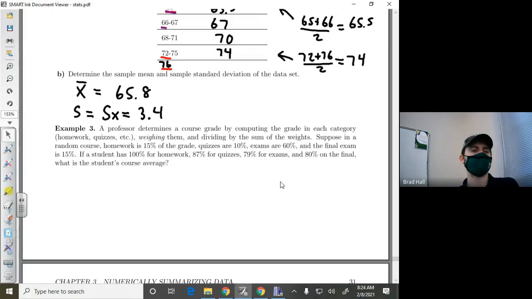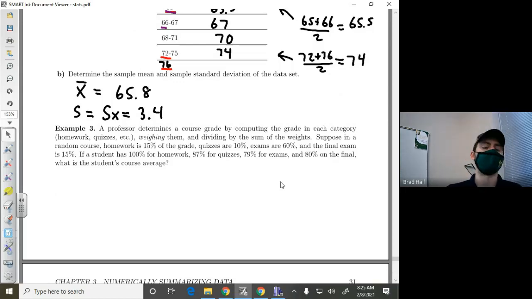Example 3 talks about how professors, or even my math lab, calculate grades. You might remember for this class, if you look at the syllabus, there are grade distributions.